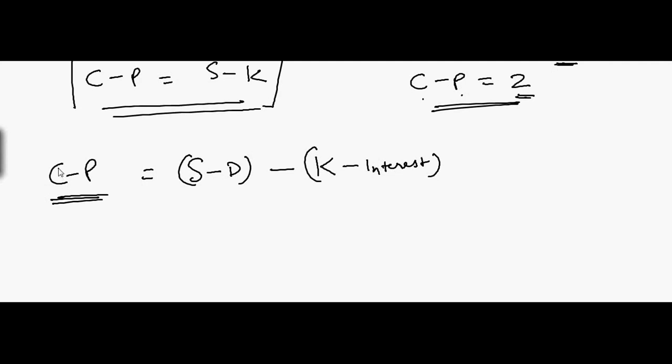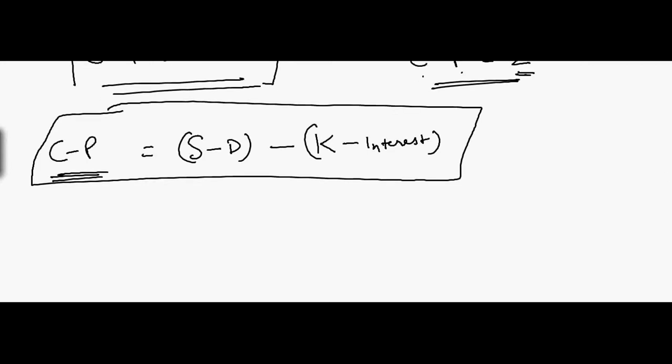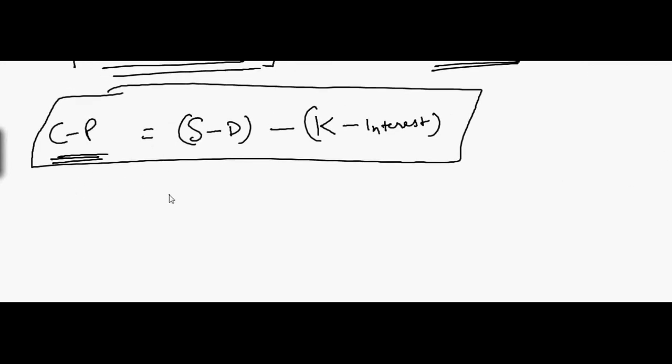But now let's write it in a more professional way. Here it will be S e^(-γT) minus... where R is the interest rate, and I'm assuming continuous compounding, and here it will be equal to K. Oh no, this is the dividend rate, sorry.